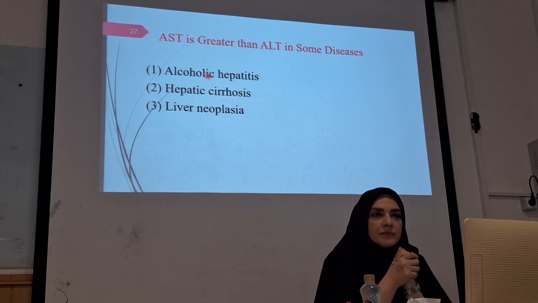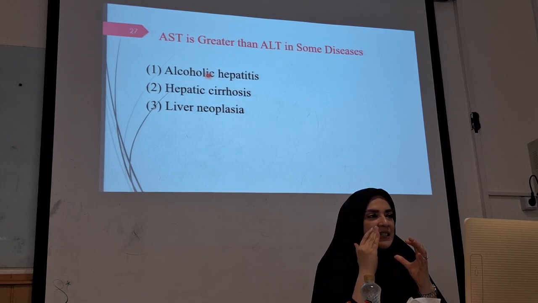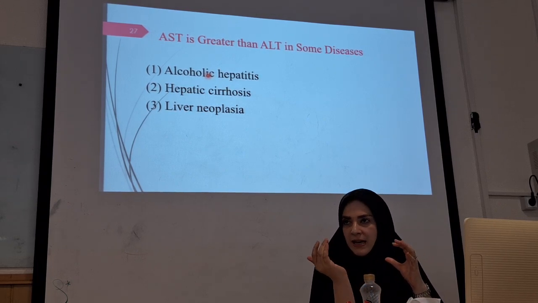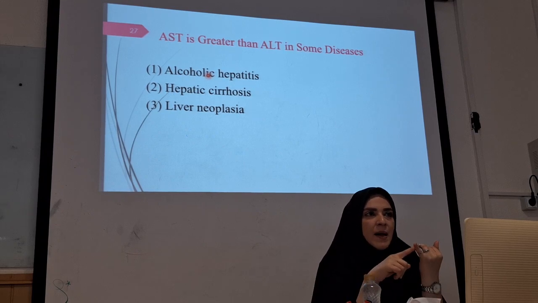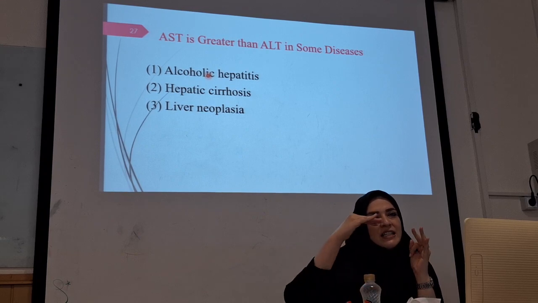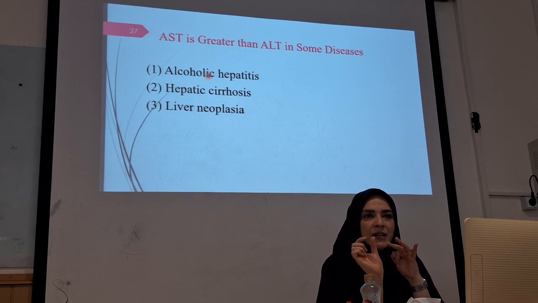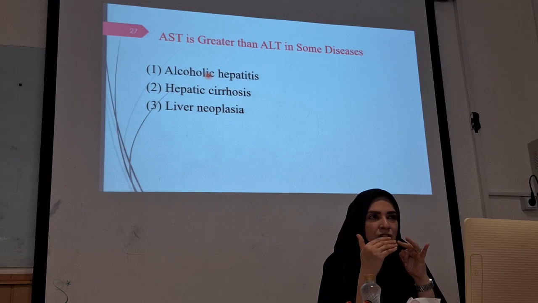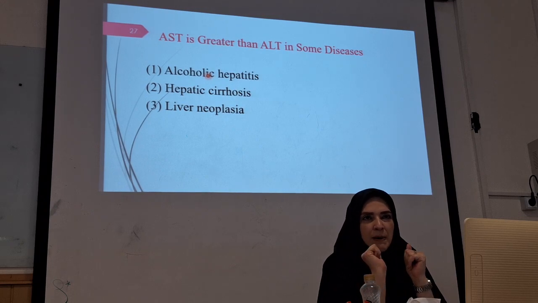What does cirrhosis mean? Cirrhosis, actually, we have different types of liver damage, okay? According to the amount of the damage, we can say this is a hepatitis, cirrhosis, or for example, NAFLD. These are the different levels of tissue damage, and they have a specific pattern. Cirrhosis is a specific kind of liver damage with a specific pattern of alteration of some liver tests.